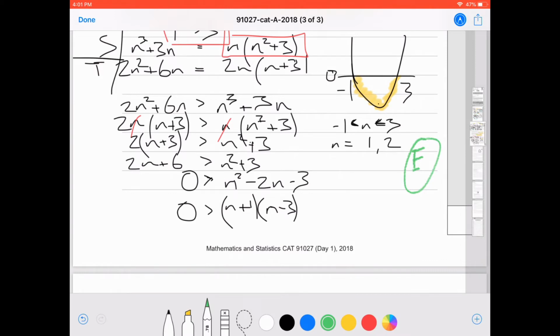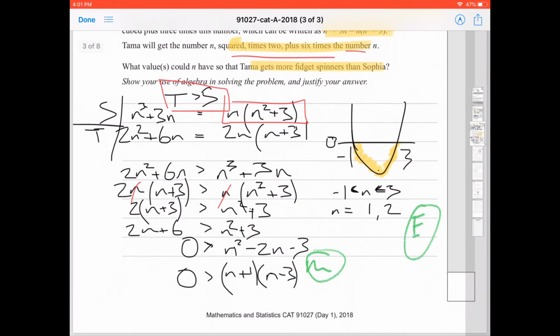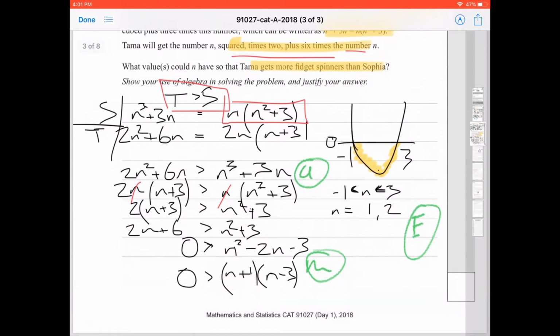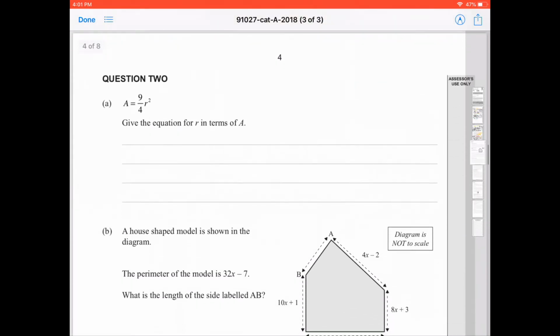So somewhere here will get you the merit. And for achieved, correctly writing the inequations for both Sophia and Tama, so probably this first step here. Sweet, that's us for question 1. Let's move on to question 2.